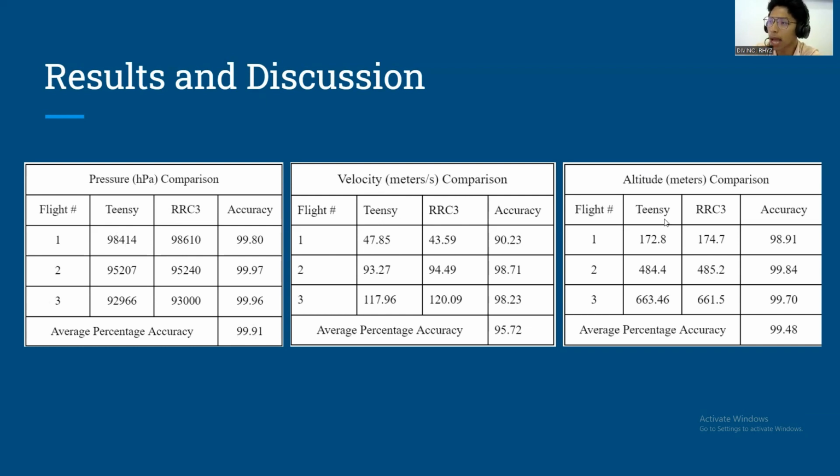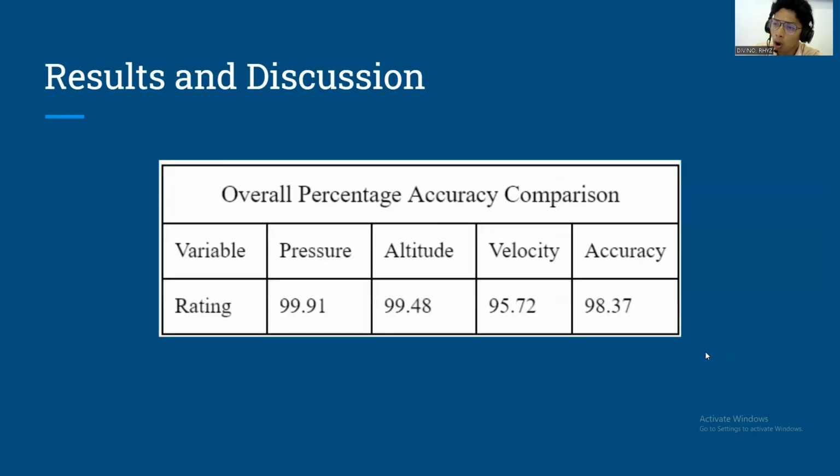And for the maximum altitude, our flight computer is 99.48% accurate compared to the RRC3. Overall, our flight computer is 98.37% accurate compared to the commercial flight computer that we have.